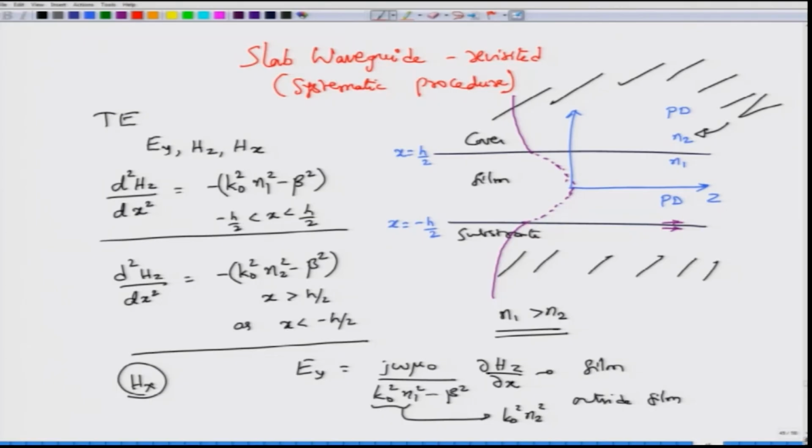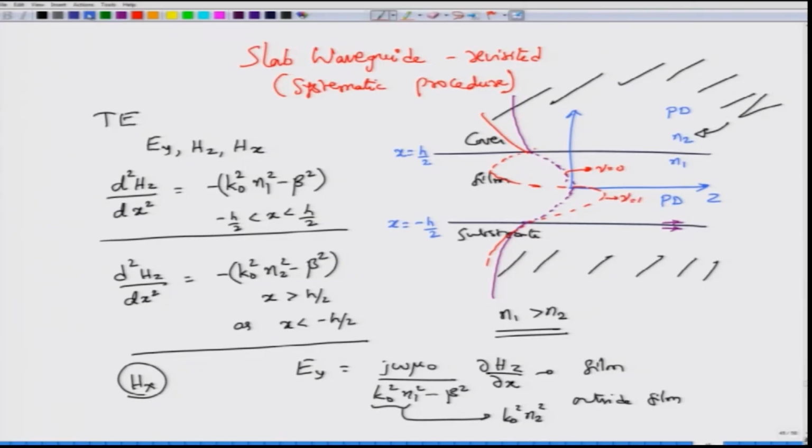So, you might have the same kind of a decay constant, or you might have a slightly different decay constant out there, but then the field itself could be something like this, okay, and then the field would be decaying around in that manner, or maybe decaying in this case. Okay. So, outside it would still be decaying, but inside it would be a sinusoidal kind of a field. Same thing as in the parallel plate waveguide, this would correspond to nu equal to 0, this would correspond to nu equal to 1, but it is not so simple as I am writing it down.